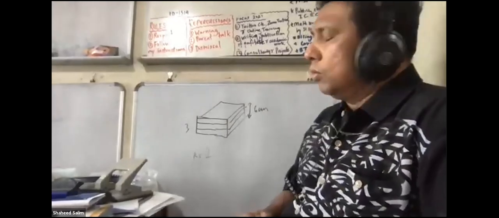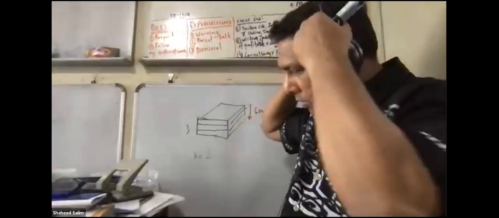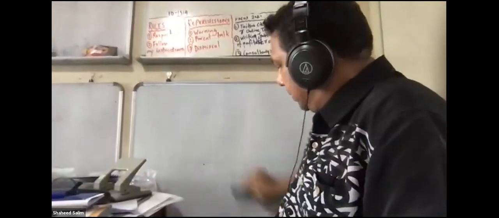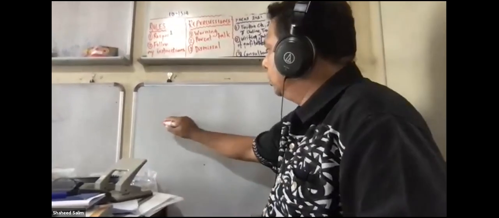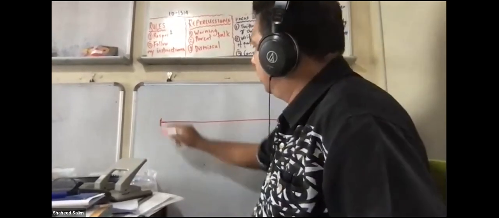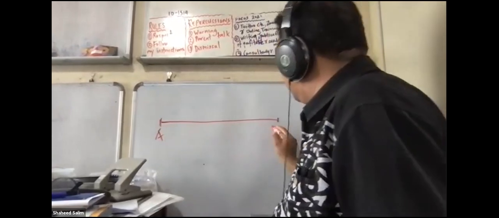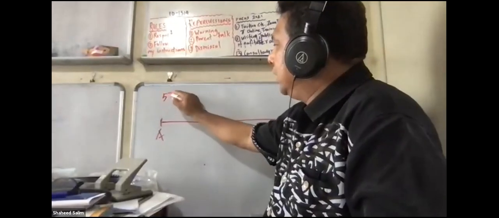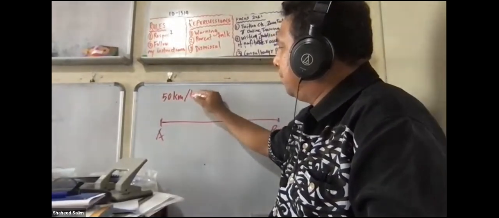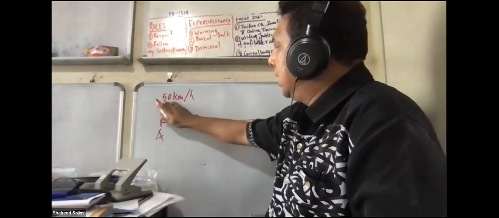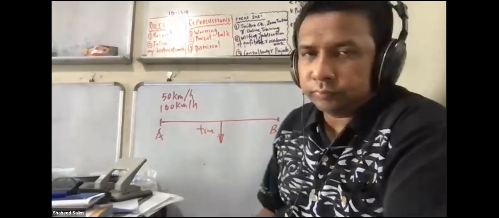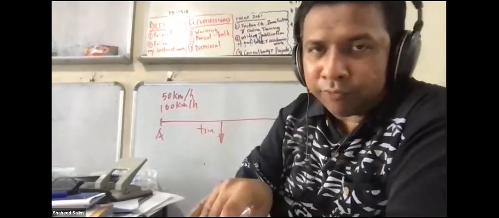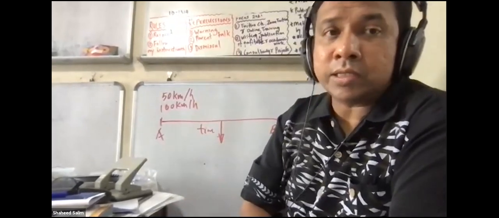Now, inverse proportion is the opposite. Example: you are driving a car from town A to town B. If you increase your speed from 50 km per hour to, let's say, 100 km per hour, the time taken will go down. The higher your speed, the faster you reach the end. Now this is opposite, right?